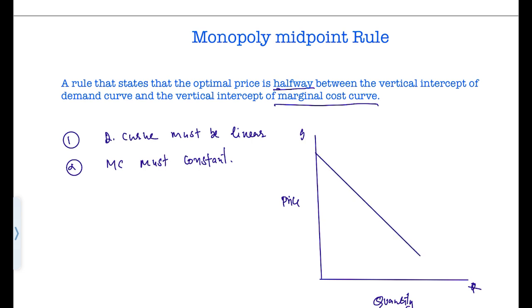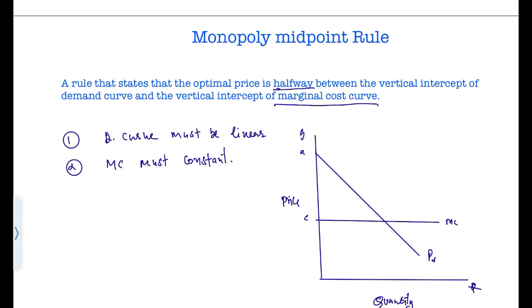This is the linear demand curve, and I'm calling its intercept a. This is the marginal cost curve, which is constant. So this question meets both conditions: the demand curve is linear and marginal cost is constant. I'm calling the marginal cost c.